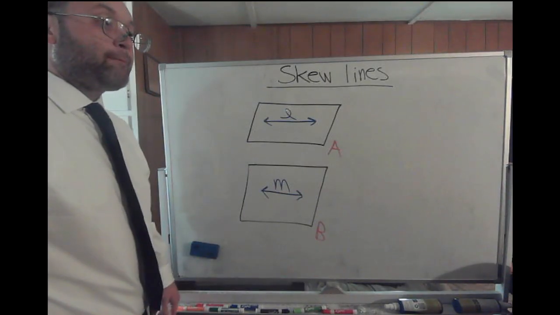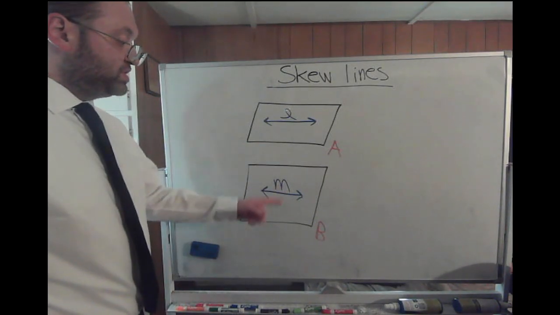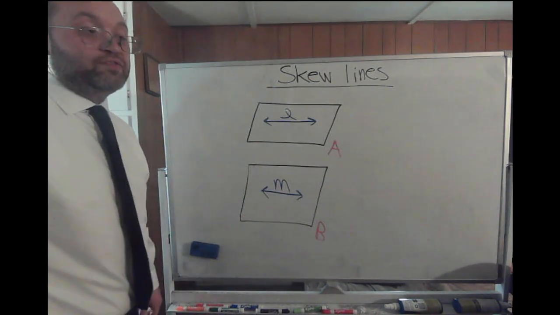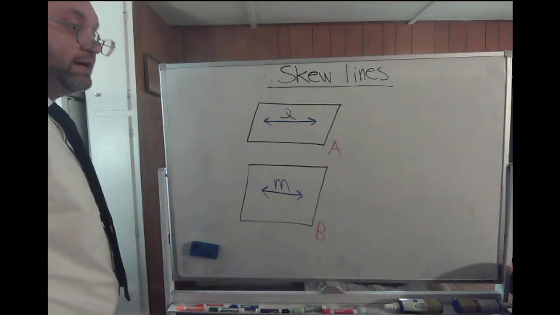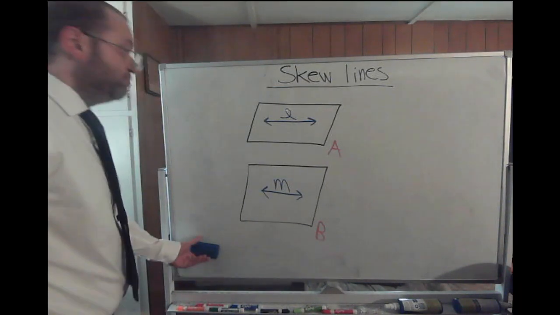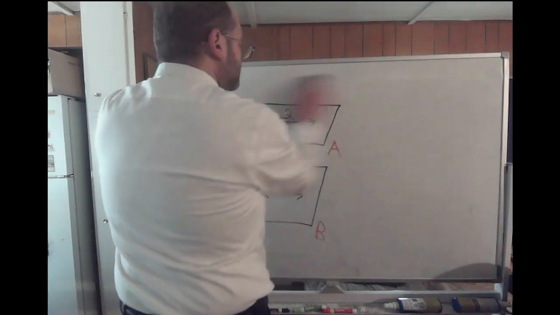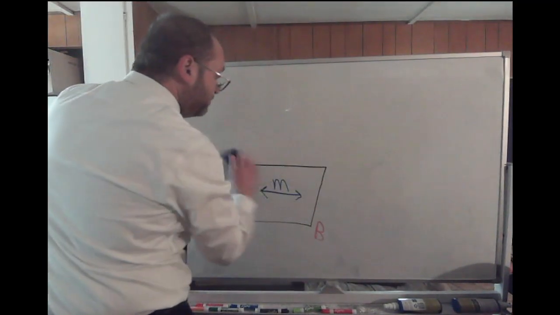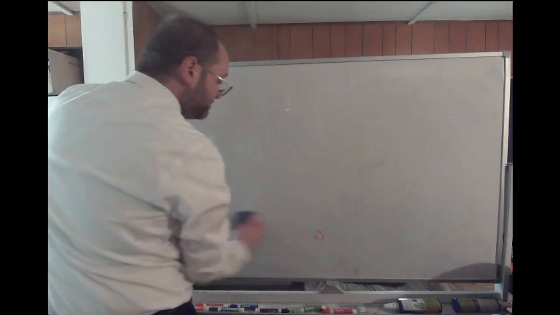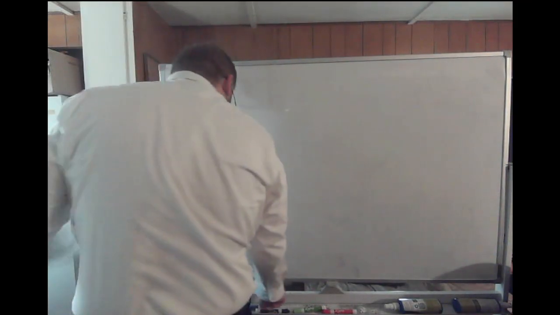So line L is skew to line M, and you would just have to write it out, L skew to M. There is no abbreviation for it. So those are skew lines. They're non-coplanar lines, if we want to get using technical terms. All right.